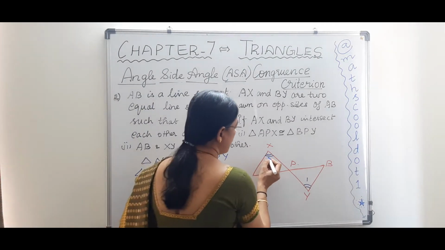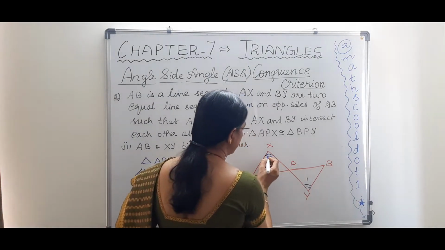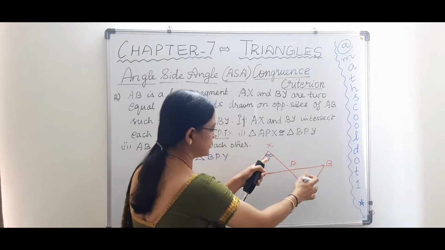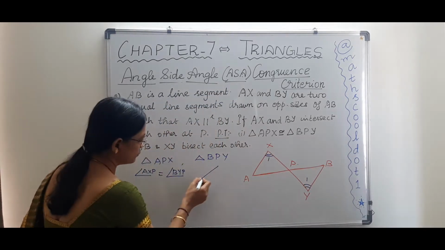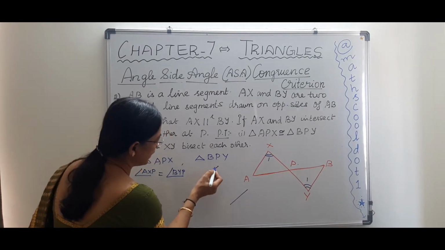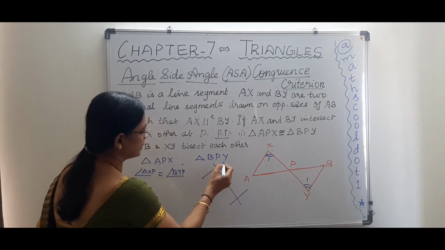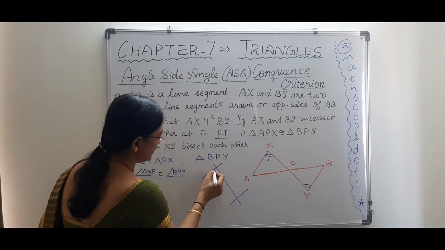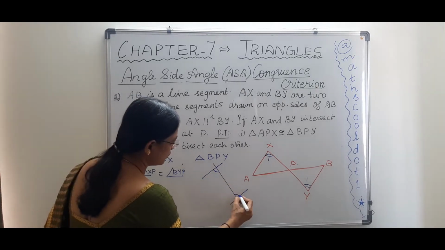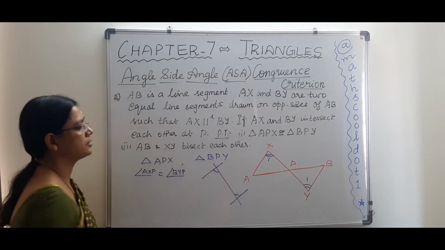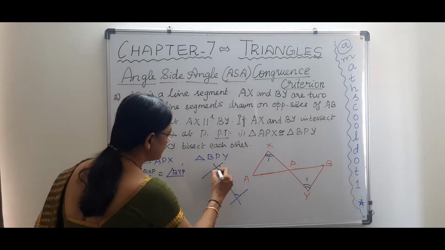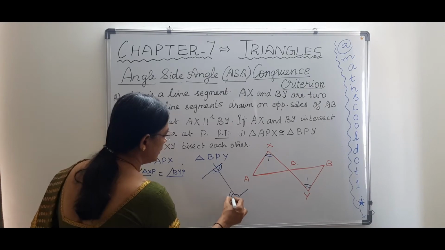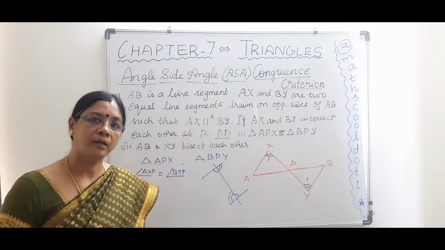Yes, alternate interior angles. See, these two are alternate, opposite to each other, and interior angles, because if I draw two parallel lines and there is a transversal like this, this angle is equal to this angle because these two are alternate interior angles, right? So these two are equal and these two are also equal, because they are also alternate interior angles.